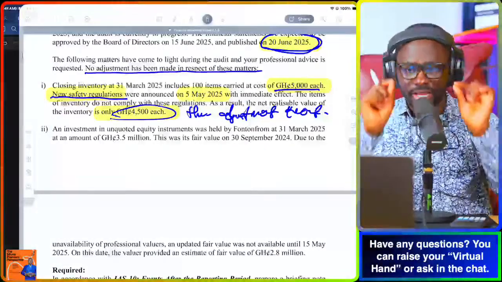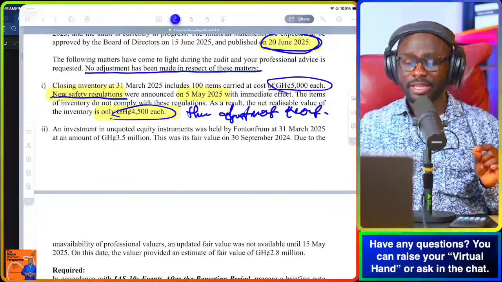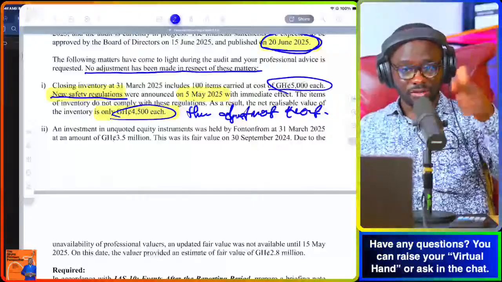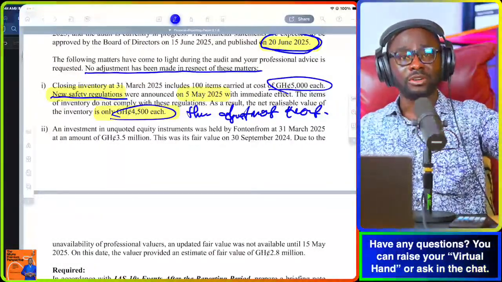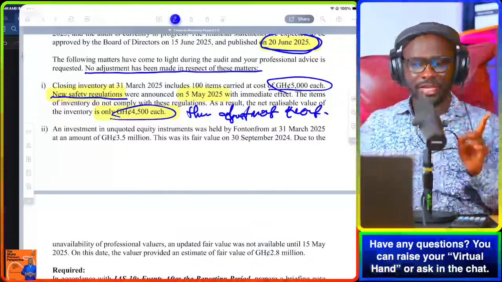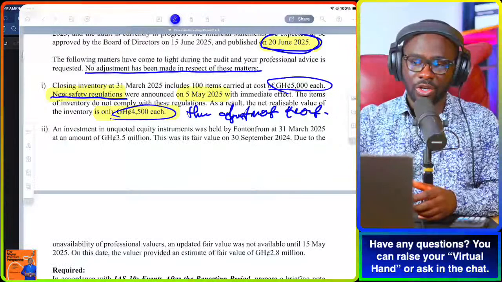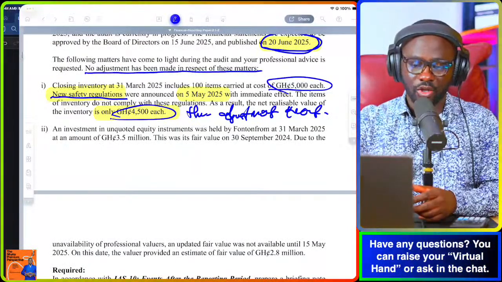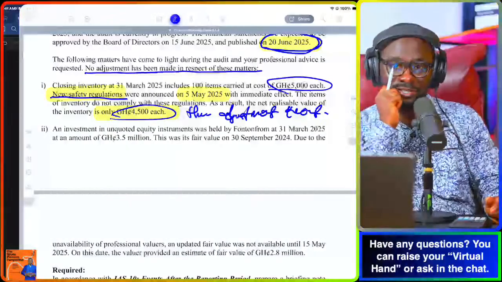So the inventory will continue to be carried at 5,000 Ghana cedis each in the books of the entity, for the 100 items, 5,000 cedis each at the reporting date. But this is a significant event, and so a disclosure in the notes will be appropriate. So that is the idea about that, and that is the answer to the I aspect of the question.